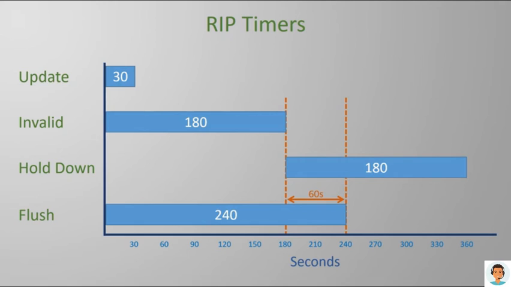This is when it's using the metric of 16. When this timer finally expires, an invalid route will be removed from the routing table. These timers, at least in their default values, are very high. Because of this, it can take several minutes for a network to fully converge when there's a problem. This is one way that RIP is significantly inferior to other routing protocols.